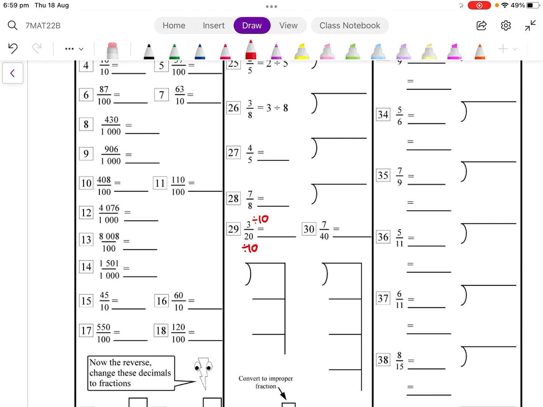And what you can do is say, how many times does 2 go into 0.3? And then the same for 30, you can divide both the top and the bottom by 10. Oops, that's not 10, that's 0. And then you can say, how many times does 4 go into 0.7?